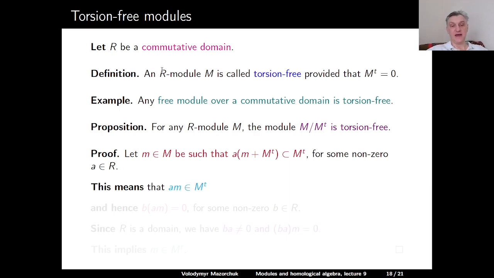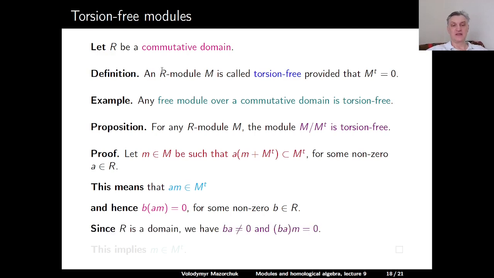This means that AM belongs to the torsion part. And then there exists a non-zero B in R such that B applied to AM is 0. But since R is a domain, BA is non-zero, and this means that BA applied to M is 0. And this implies that M already belongs to the torsion part of our module, and completes the proof.